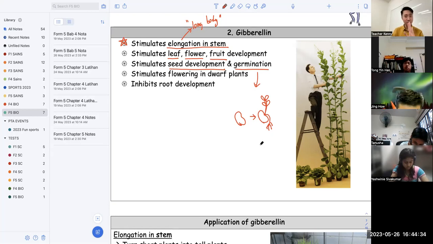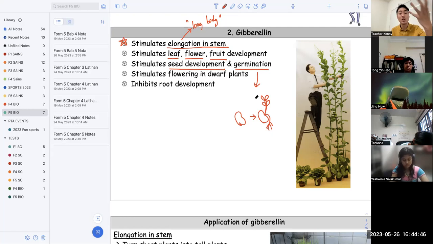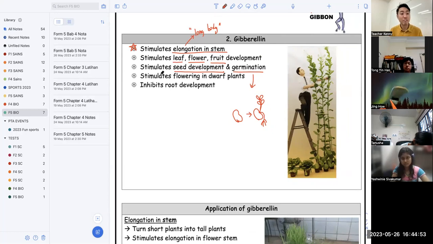But if humans spray gibberellin onto the seed, it will be forced to germinate. That's so sad, right? Grow now even though it's winter. So it forces them to grow, forces them to come out of the shell. It stimulates the exit.